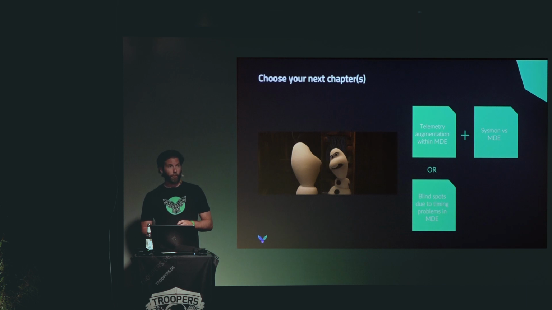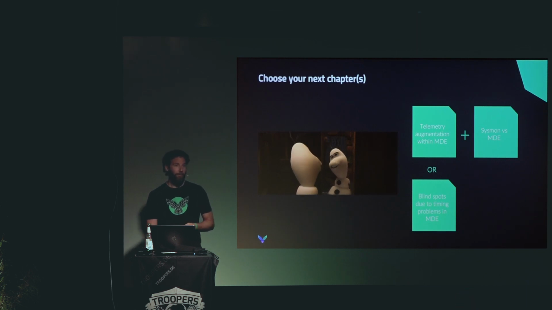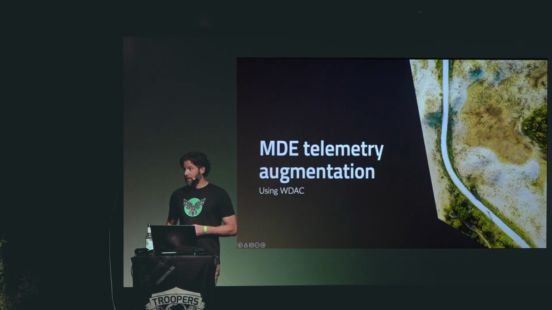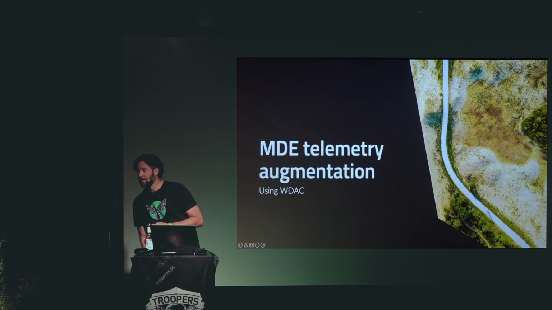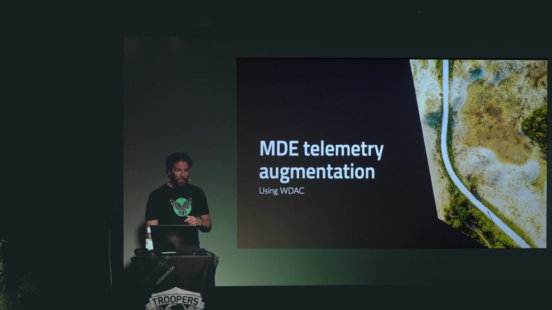So who is for the first? All right, and the second? Okay, sorry for the first, or sorry for the second. What's that? Well, it's 25. All right. Well, maybe we do both. I'm quick, apparently. Thanks. So first, the telemetry augmentation.